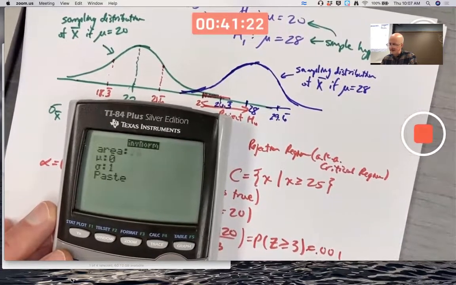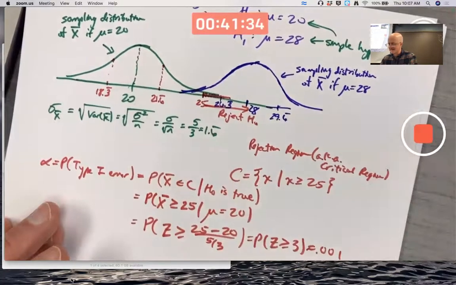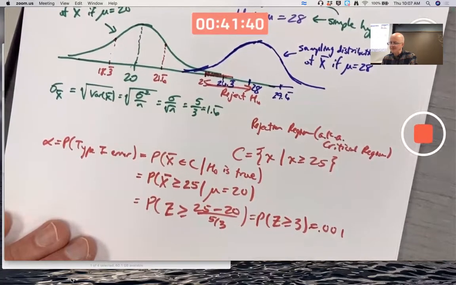Make the area to the left 0.95. This is like for a 90% confidence interval, 1.645. So you can go the other way is all I'm trying to say here, and that was a brief example.